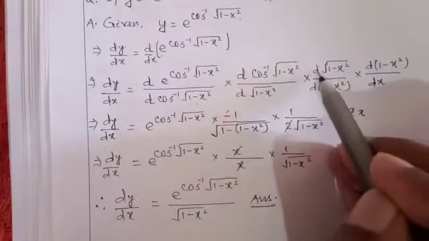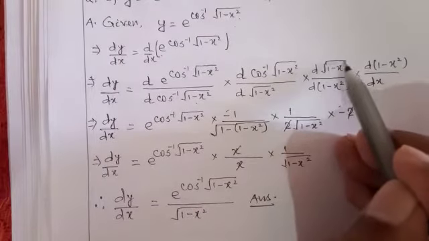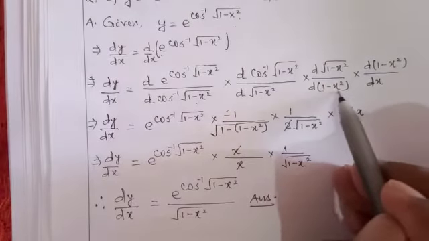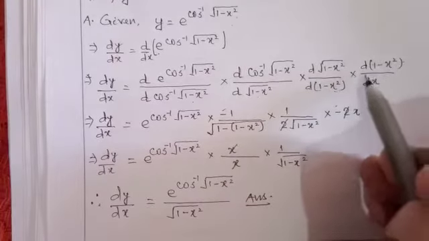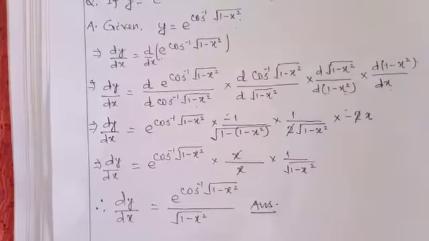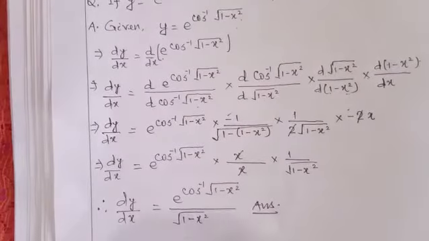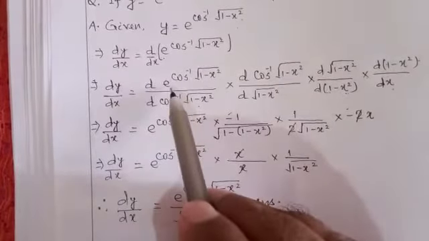Again it comes to the numerator: d of under root 1 minus x square. Here the root will be eliminated, d of 1 minus x square is left, and finally d of 1 minus x square upon dx. That is our chain. Now write down the value of the differentiation of each term.